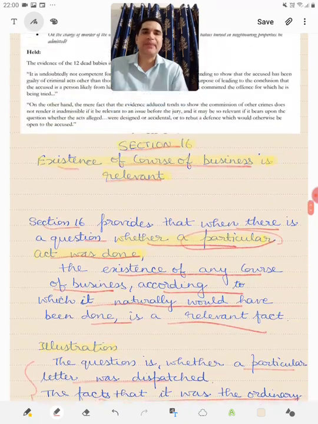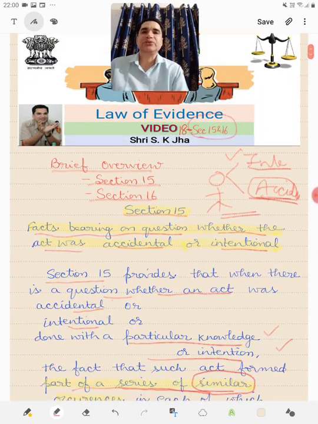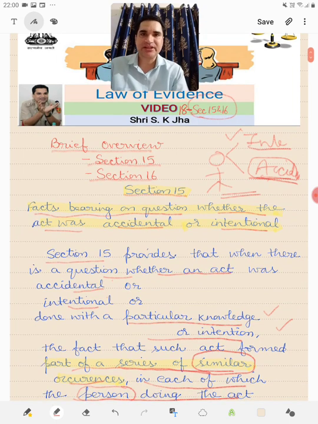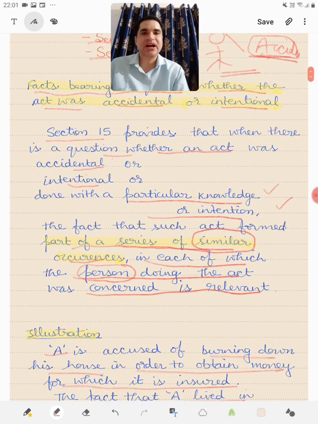So a quick recap on these two sections, section 15 and section 16. As I told you, these are important from preliminary point of view. What section 15 says is that whether the question is whether an act is accidental or intentional, then the facts which become relevant under section 15 are similar occurrences or series of similar occurrences in which that person doing the act was concerned.